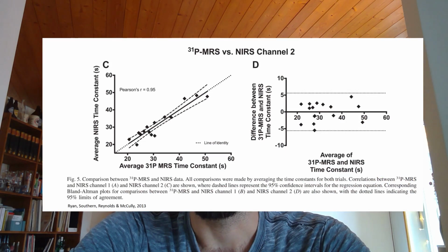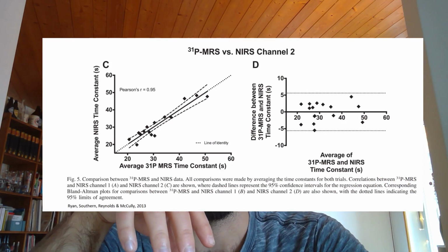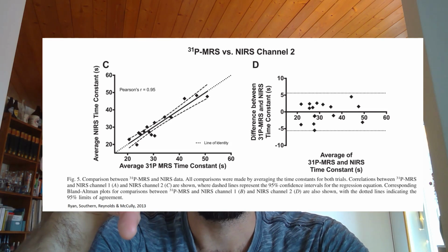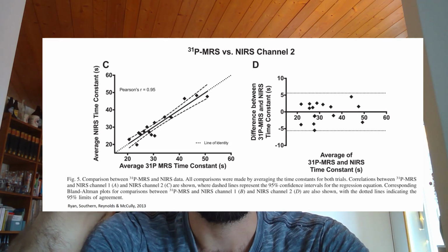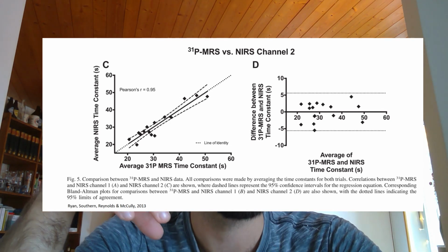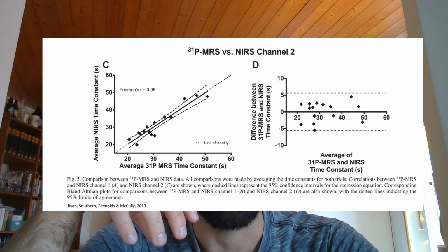And this is what McCulley shows. He shows this further in a nice Bland-Altman plot, where the time constant of recovery for your PCr, so your PMRS creatine phosphate curves, and what you're measuring with your NIRS are the same. And this is what we want out of it.